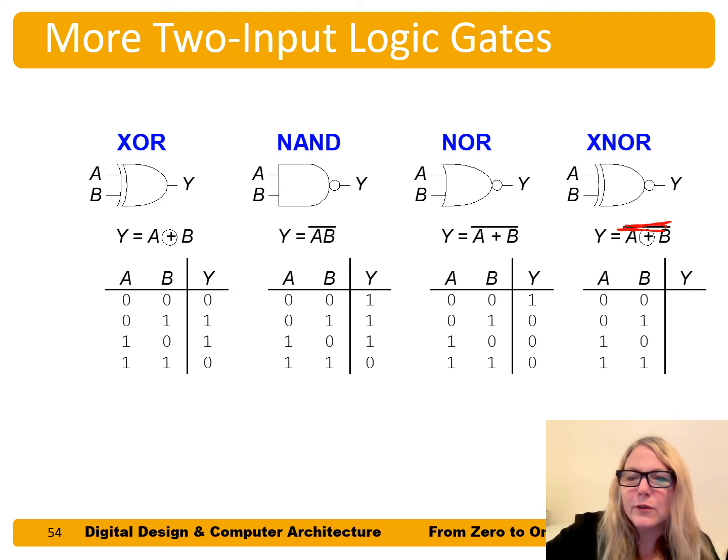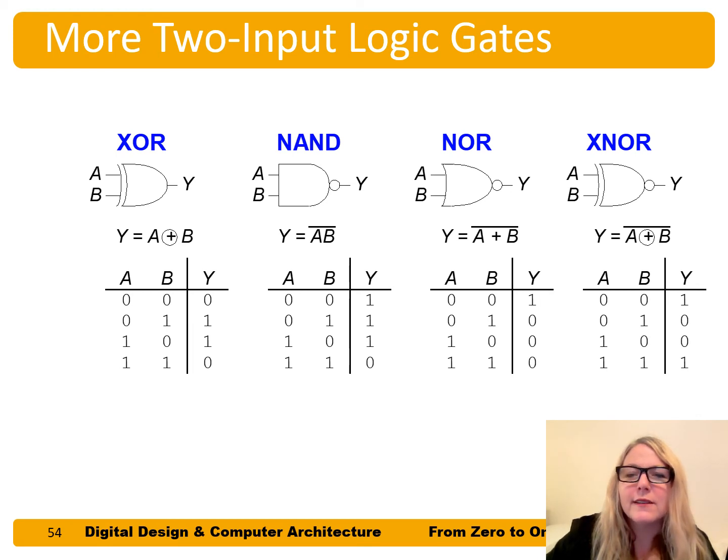And so XOR would have been 0, 1, 1, 0. But now we want the inverse of that, not XOR, or XNOR. We get a 1, 0, 0, 1. There's our truth table for our XNOR gate.